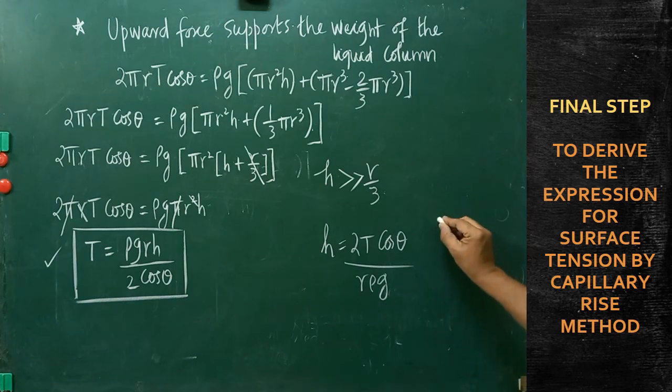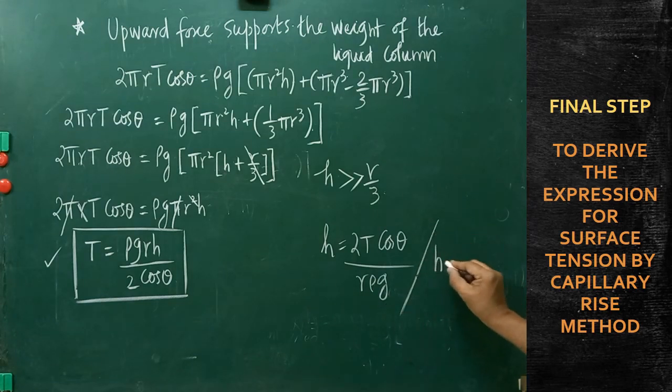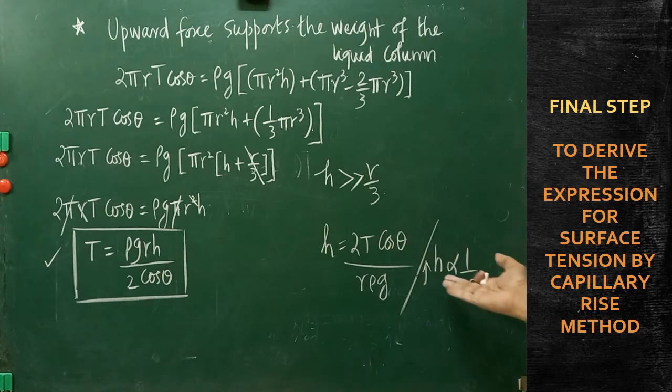It is explicitly seen that h is inversely proportional to r. If r is less, the height will be more. If the radius of the bore of the capillary tube is very low, the liquid will rise to a greater height.